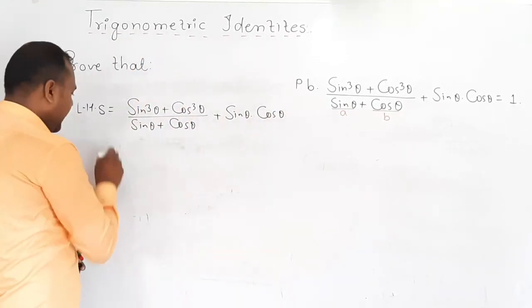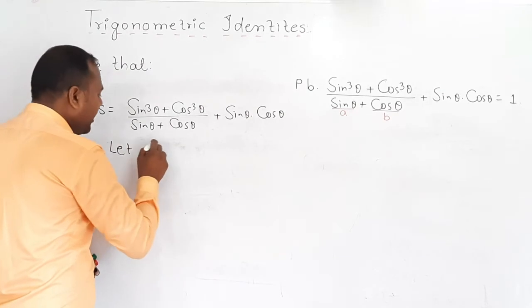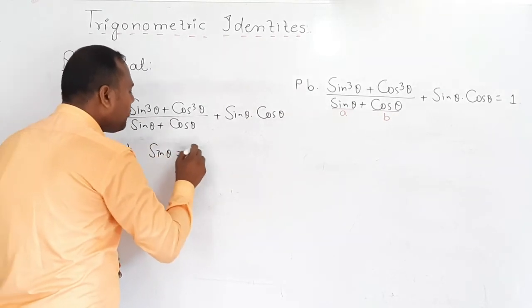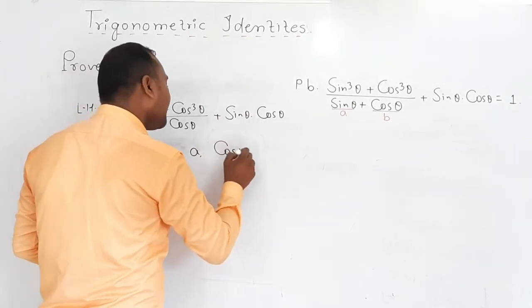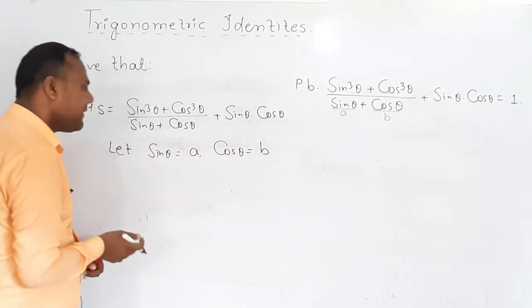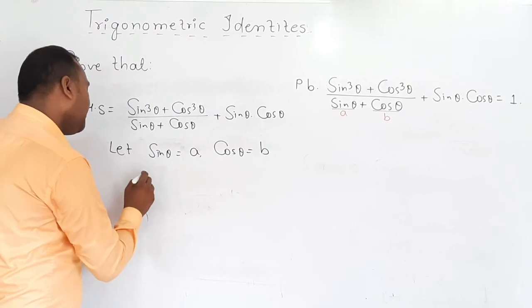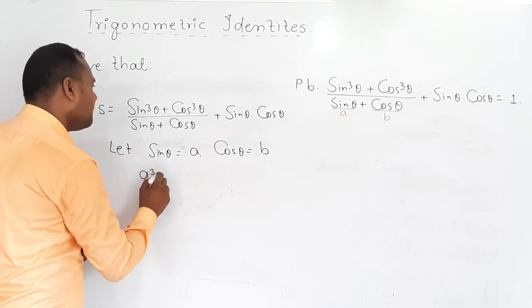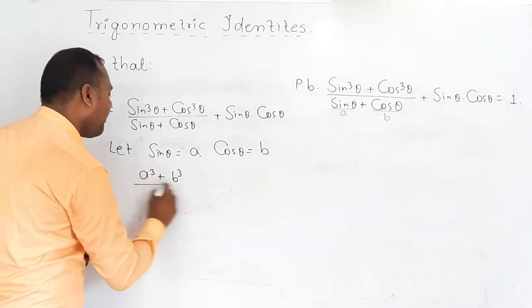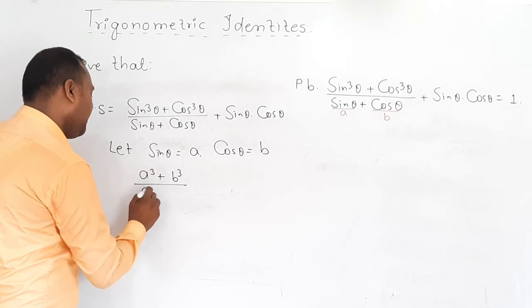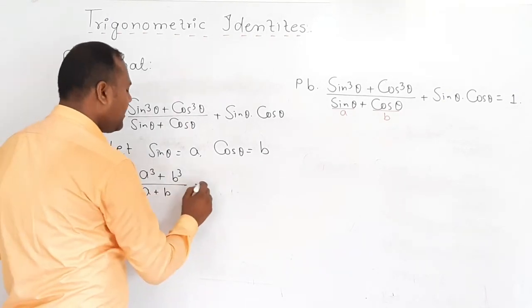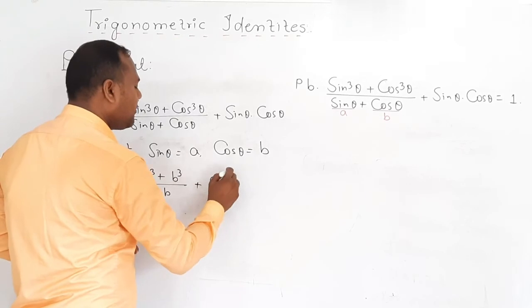So let sin theta be equal to a and cos theta be equal to b. Hence the expression will be equal to a cube plus b cube upon a plus b, plus a into b.